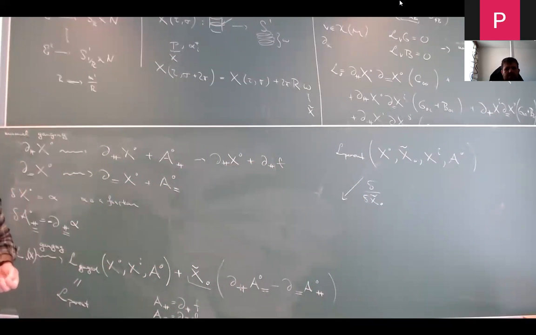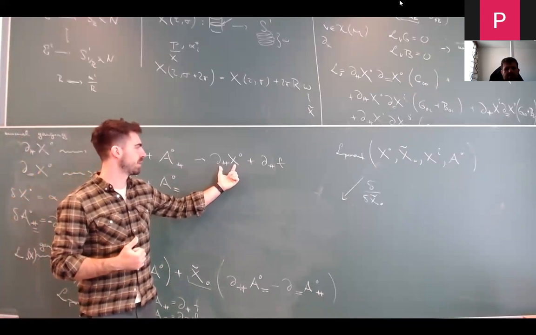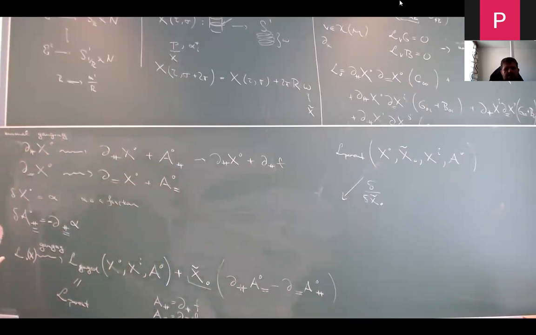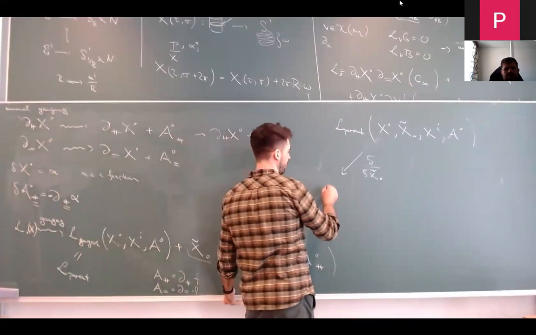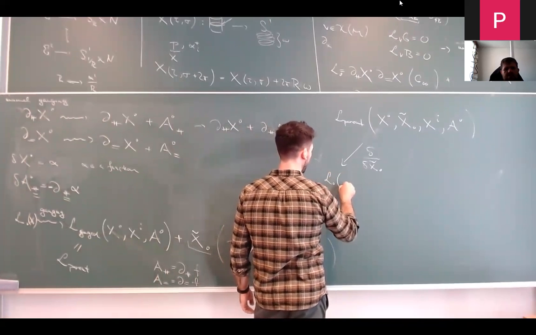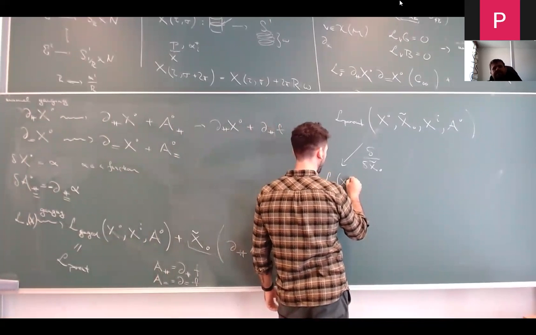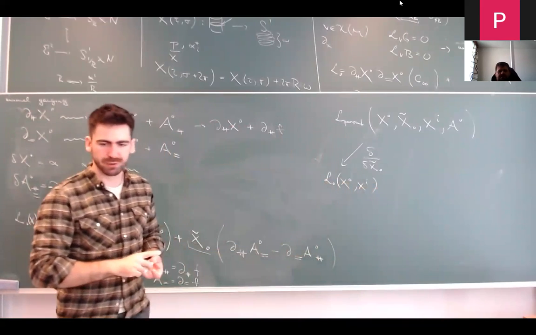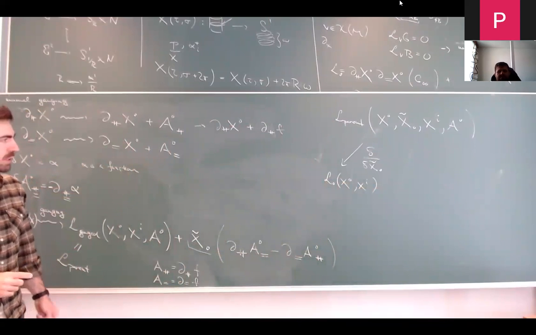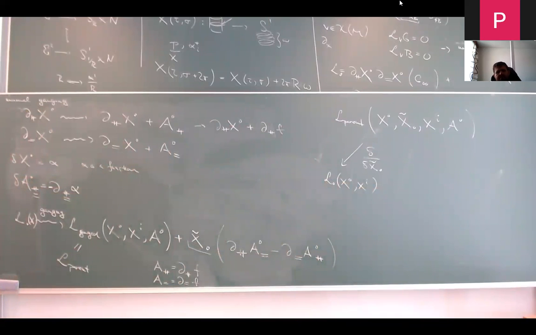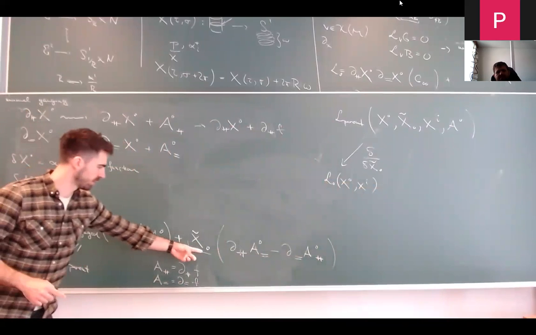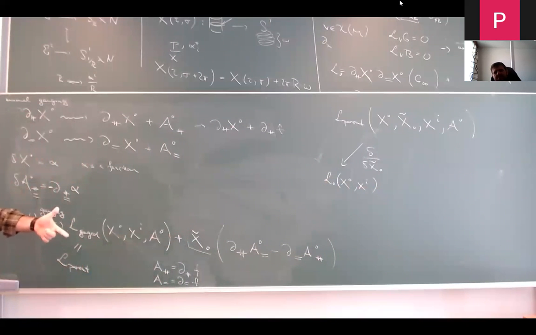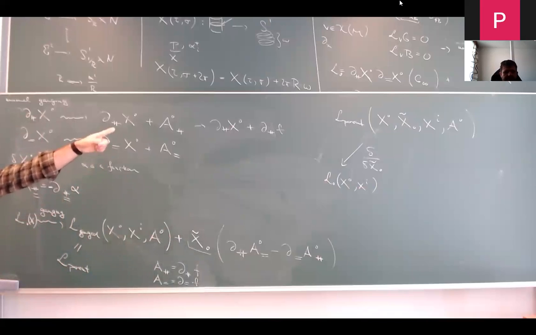I can just field redefine my x naught to x naught plus f, and when I do that, I end up with the original version, with the original geometry. So I did nothing. I have this equivalence on integrating over x tilde naught. I suggestively wrote it as x naught tilde so that there's some relation to x naught. And I can do the other way around: I can integrate over x naught.